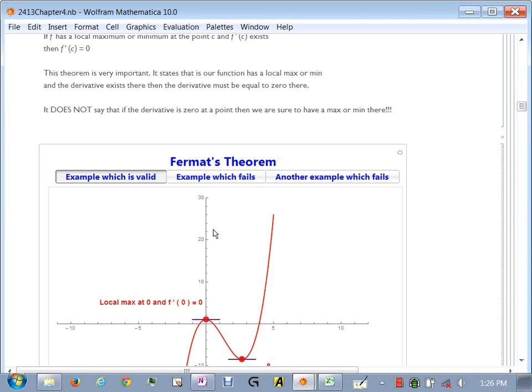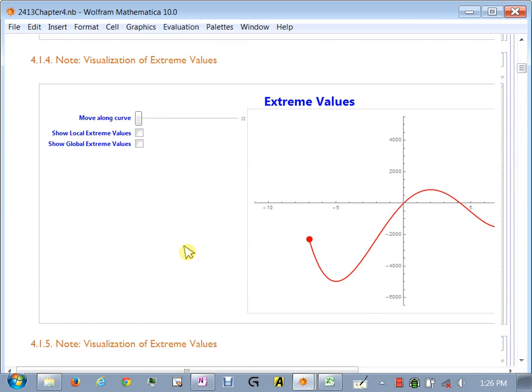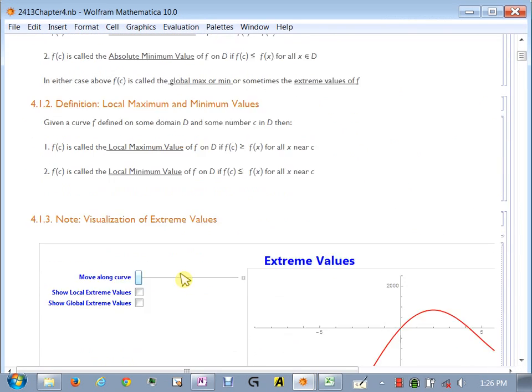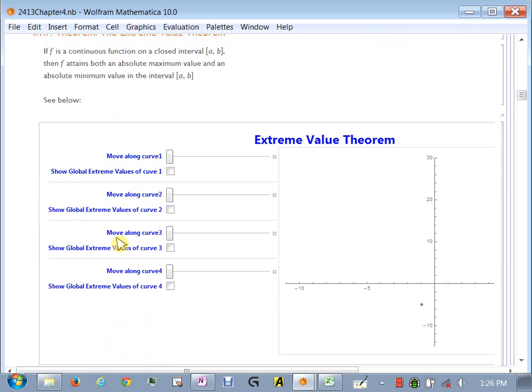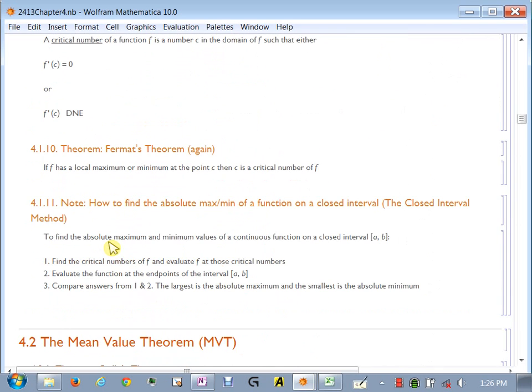What are those conditions? Continuous, thank you. If f is continuous on a closed interval, then it attains both its maximum and minimum values there. Then we can apply the closed interval method. But we have to have a continuous function.